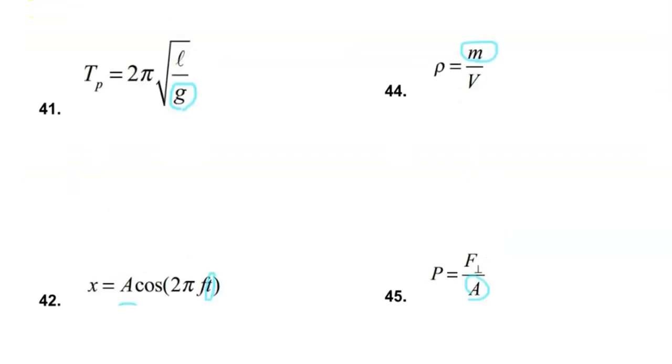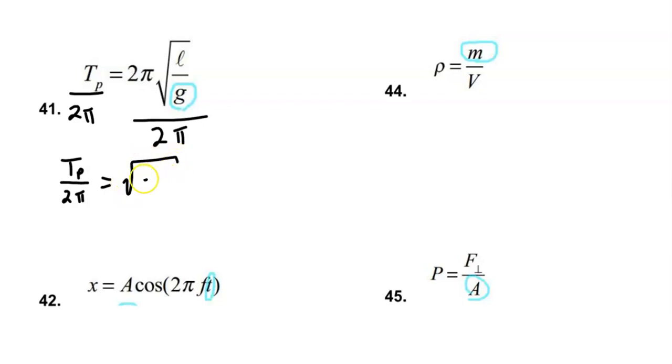All right, so this one, the period of a pendulum equation. Let's move this 2 pi over, and then we'll take care of the square root. Divide both sides by 2 pi. So T_p divided by 2 pi equals the square root of L over g.